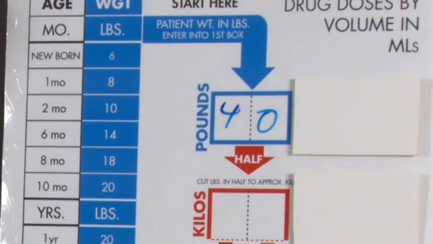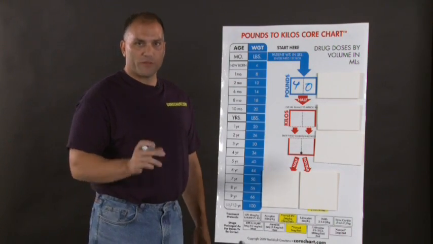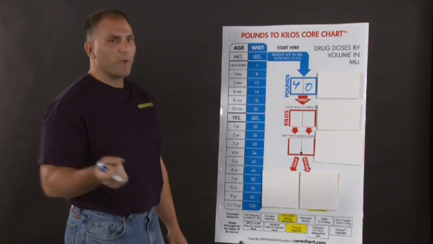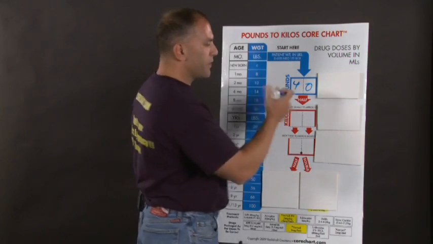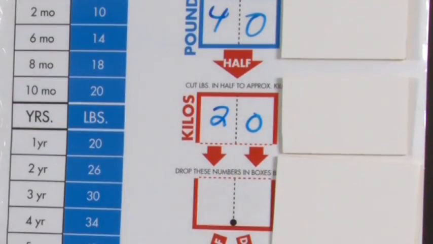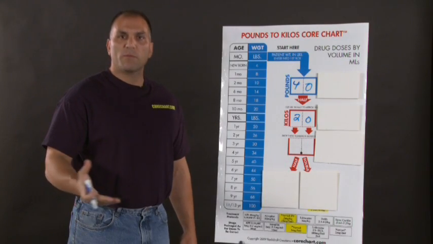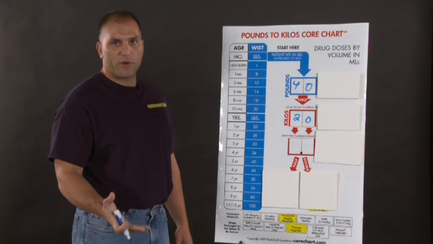Now, there's a huge disconnect between what the public does in pounds and what we have to do in kilos. And we're going to use that pounds number to our advantage, and I'm going to show you how in just a second. Of course, we have to make the quick and easy conversion to kilos, and we do that in an emergent setting by just cutting it in half. Okay? Now, obviously, the very first drug we're probably going to have in our pediatric emergency that we may use for a code situation is going to be epi.